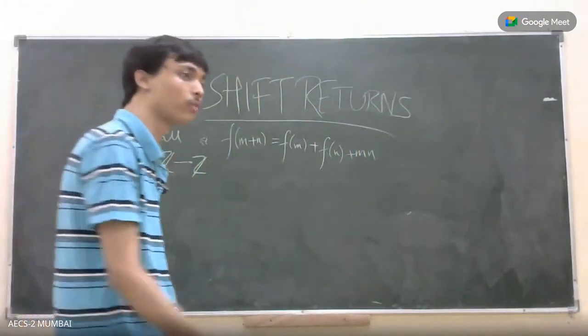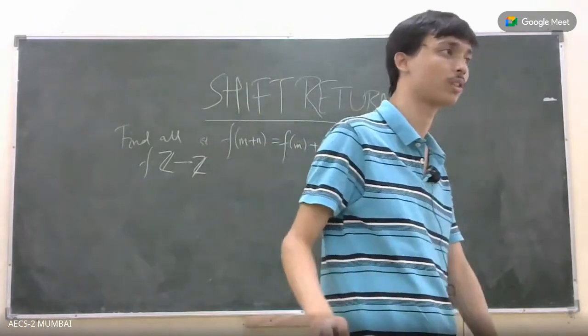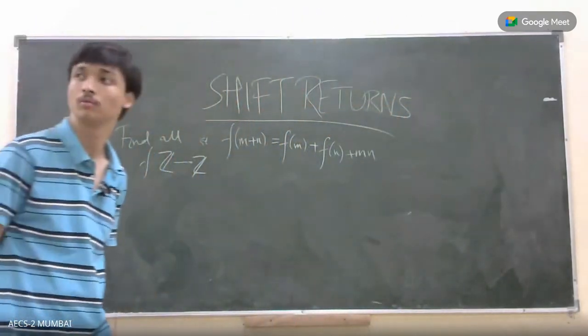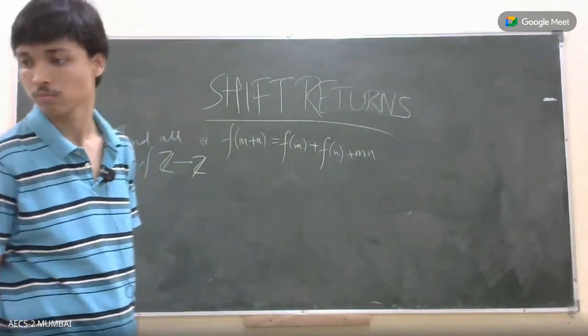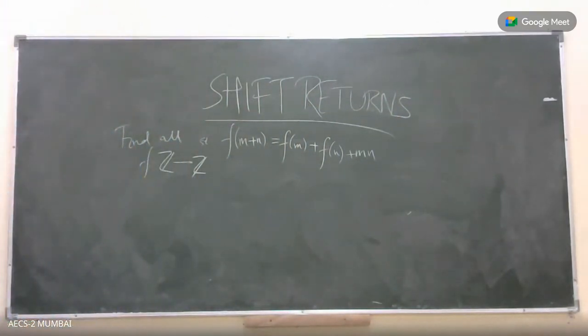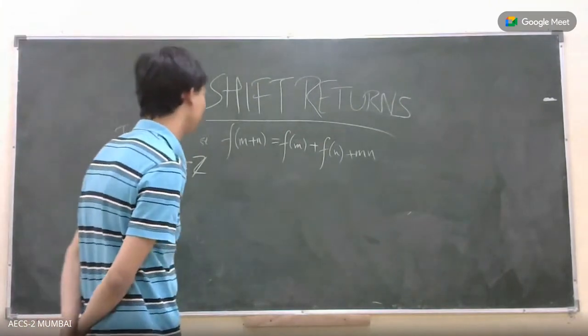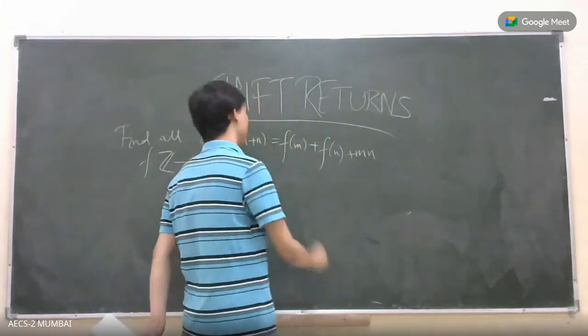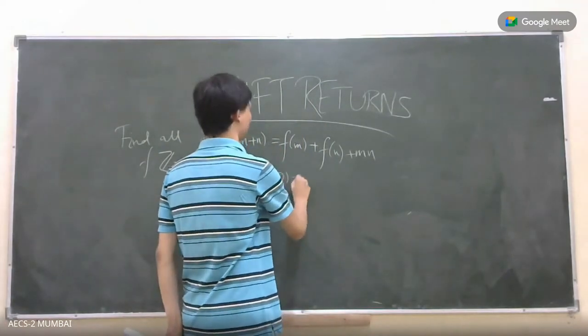This thing will involve a very weird shift. From one side you can put 0 and f of 0 is equal to 0.